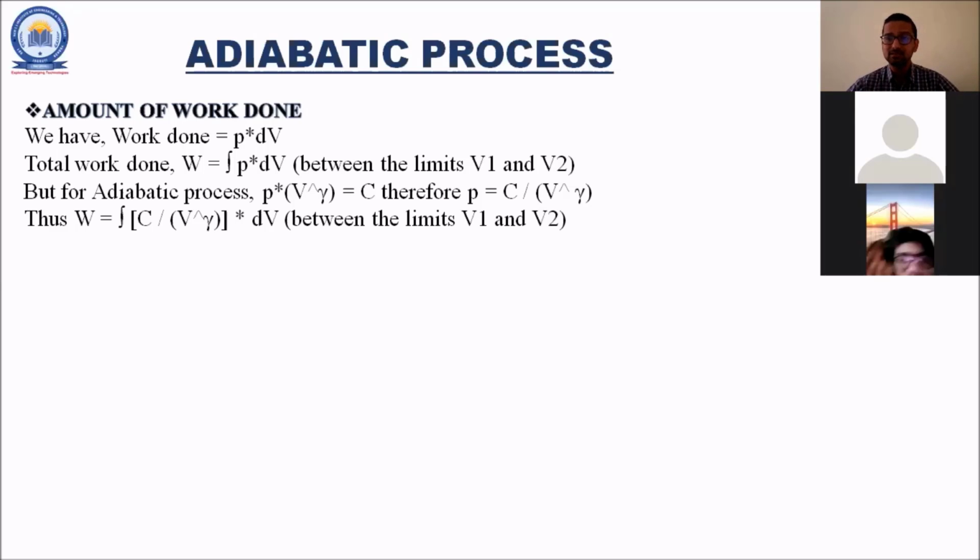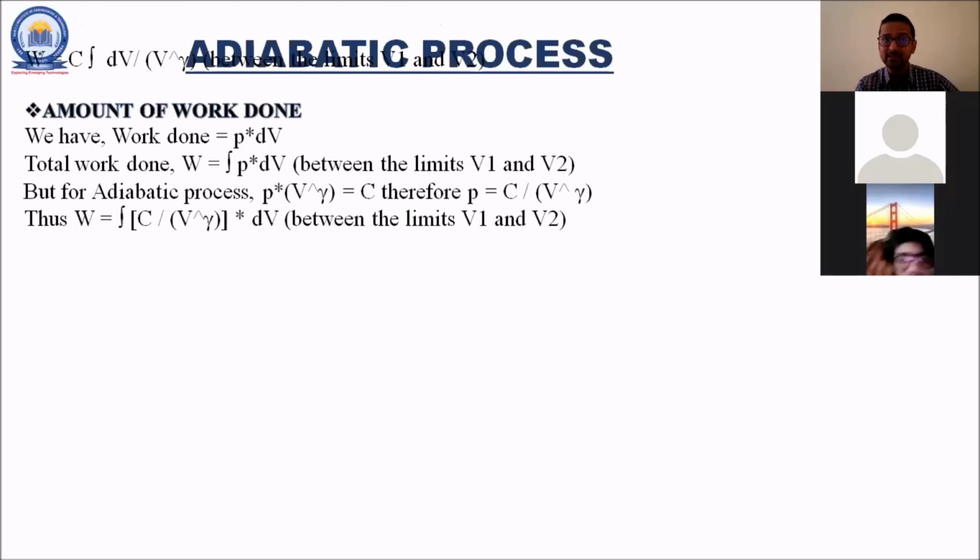So W is equal to C integration of V raised to minus gamma dV. I hope, friends, you remember that integration of x raised to n dx is equal to x raised to n plus 1 divided by n plus 1. But in our case, the value of n is minus gamma.